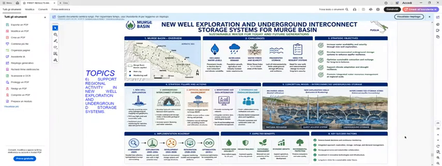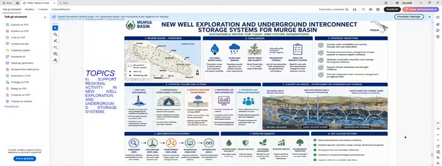So the real goal is to increase the security and stability of water in the aquifer, and also to have a clear picture of evapotranspiration. Next is underground interconnected storage that will stop the natural flow to the Adriatic Sea, monitoring and integration.